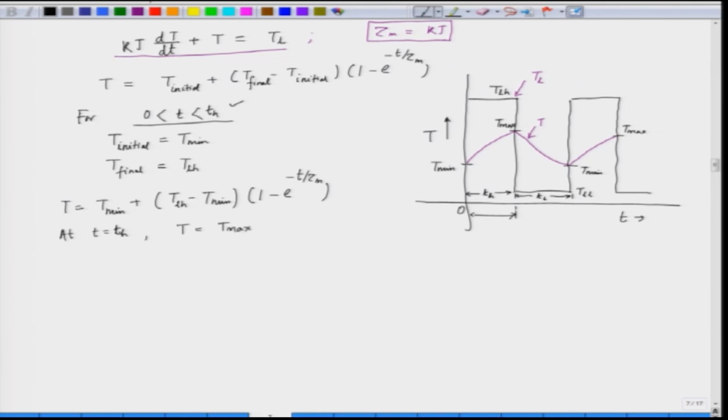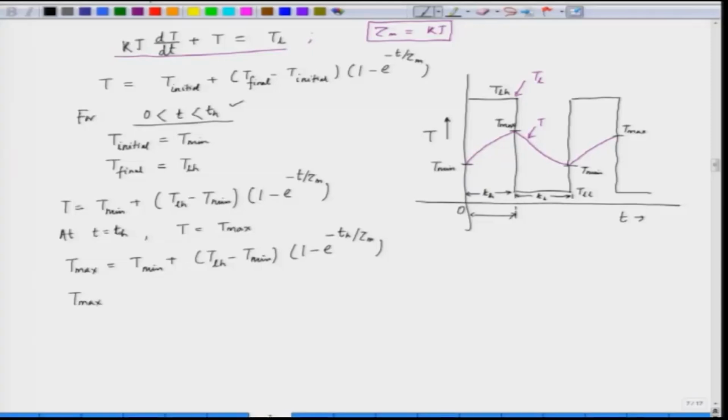So, when the time reaches TH, the torque actually reaches T maximum. So, in this case we can write here T maximum is equal to T minimum plus TLH minus T minimum into 1 minus exponential minus TH by tau m. Now, this is the equation from which we can find out what is the inertia.